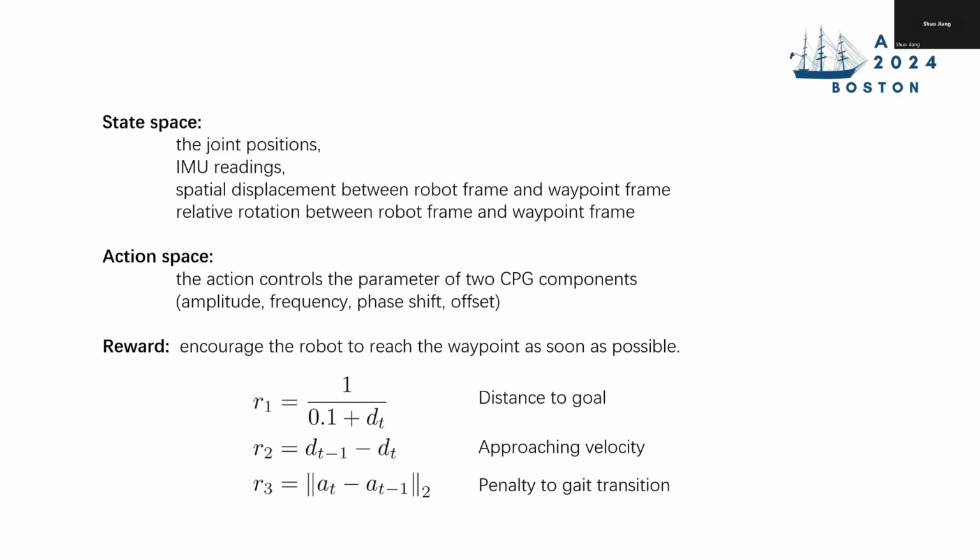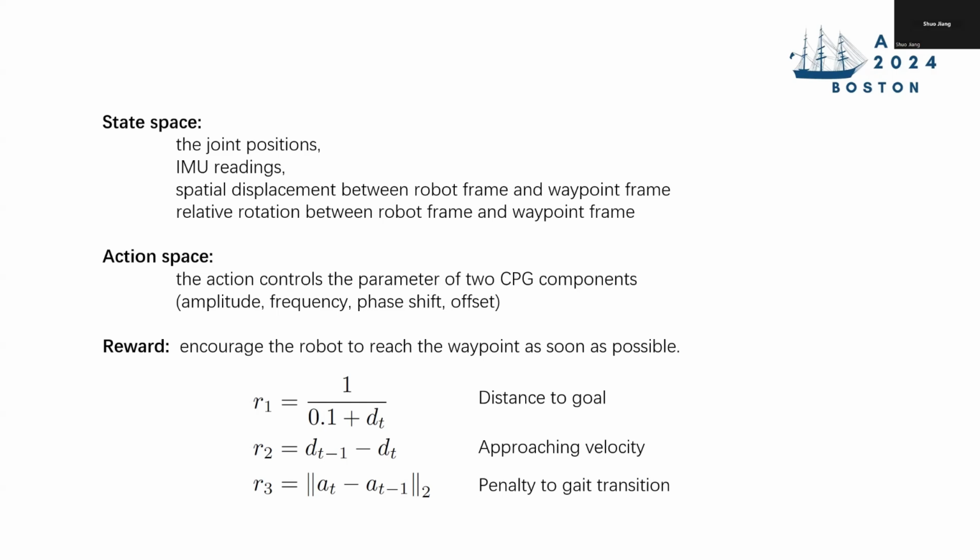The second reward encourages the approaching velocity towards the goal. And the third one will penalize the gait transition, as we don't expect the robot to take a sudden change of behavior, for example, from fast movement to slower movement.